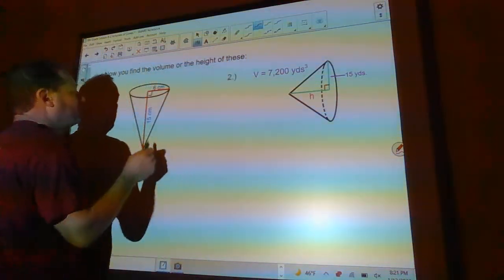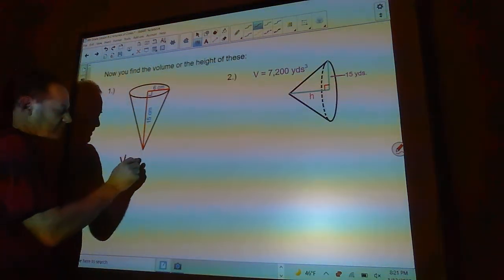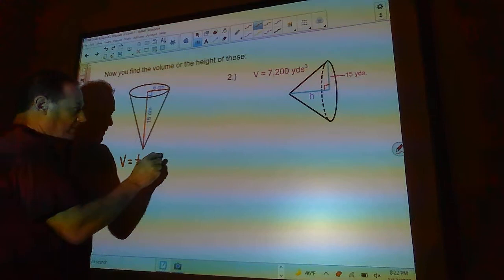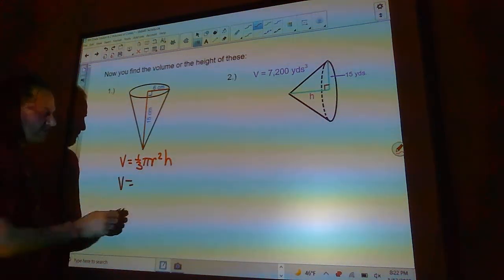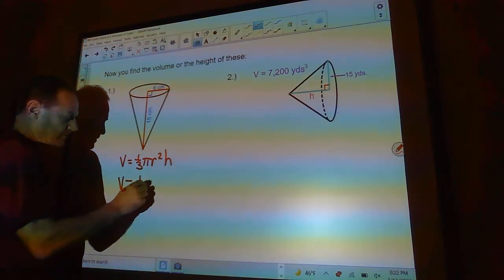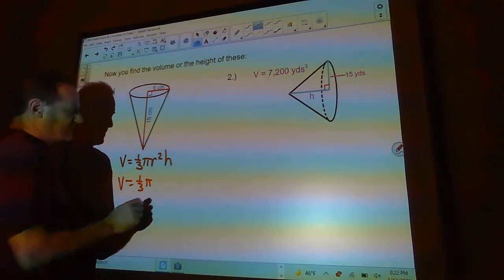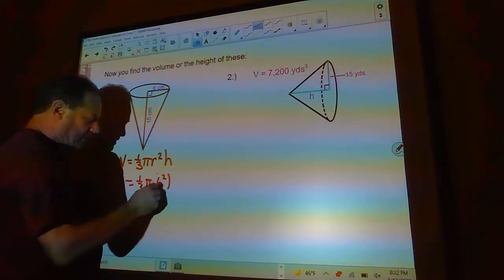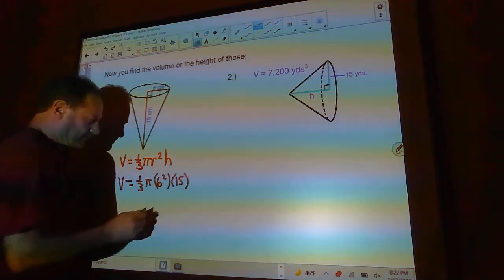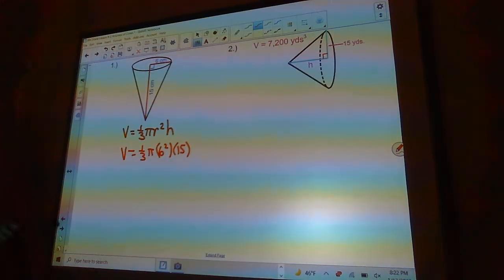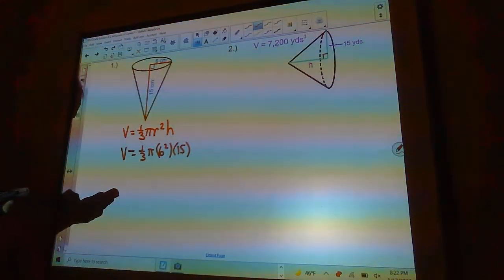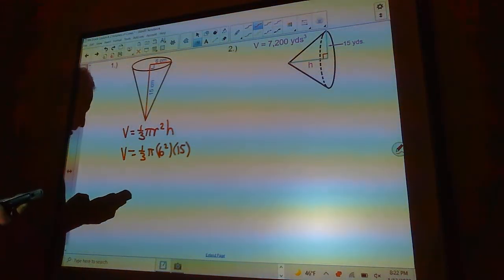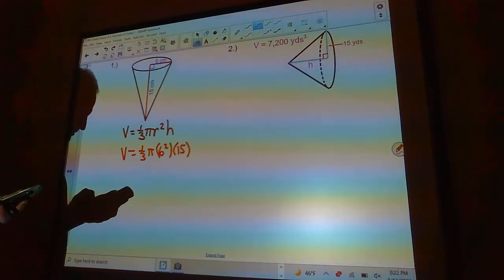Okay, so on this one right here, volume is 1/3 pi r squared times h. We're searching for the volume, so there's our variable. 1/3 pi, the radius is 6, which we're going to square, and then the height is 15. So 6 squared is 36. 36 times 15 is 540 divided by 3.